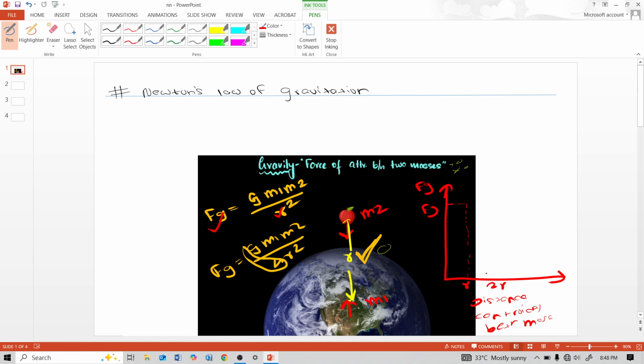If we put 2r here, then it will be 1 by 4th of Fg, Fg by 4. And if this will be 3r, then if you put 3r here, then it will be 1 by 9th.